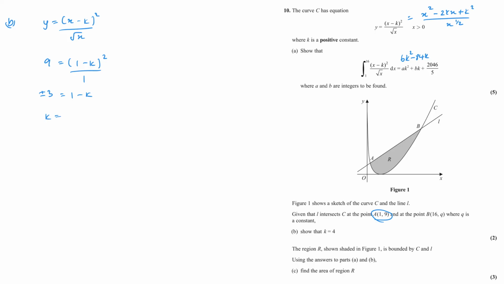K equals 1 minus 3 and 1 plus 3. So minus 2 and 4. Since k is positive, as it says up here, k equals 4.